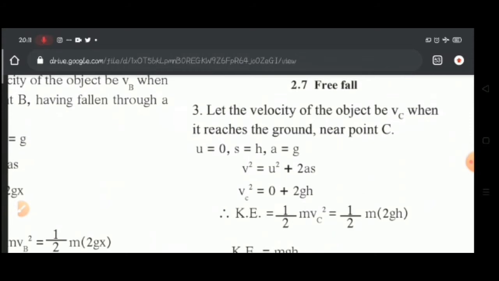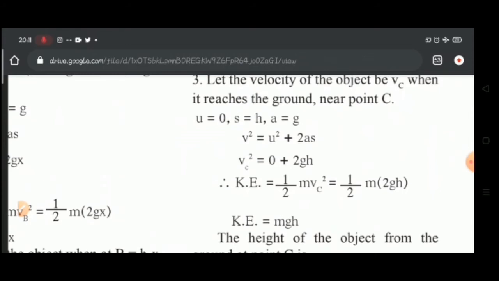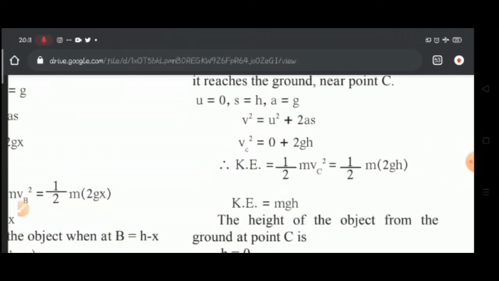So considering the second law of motion, v square is equal to u square plus 2 into acceleration into displacement, at the point C, vC square is equal to 0 plus 2 into g into height. Therefore kinetic energy is equal to half m vC square, wherein vC square is equal to 2gh. Therefore the kinetic energy becomes mgh.